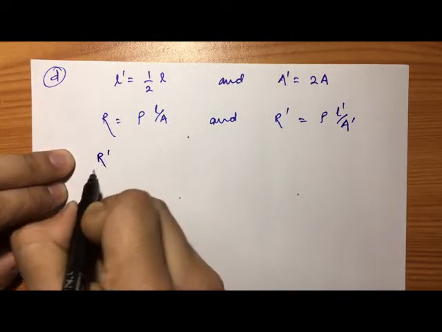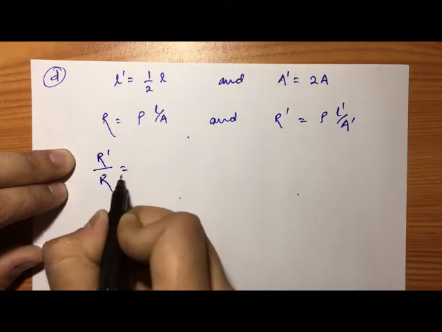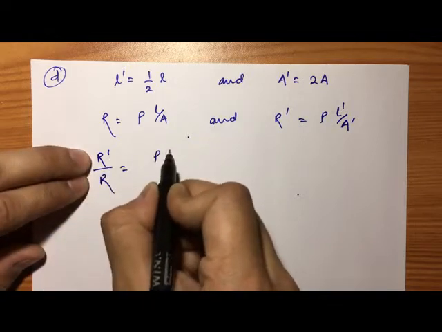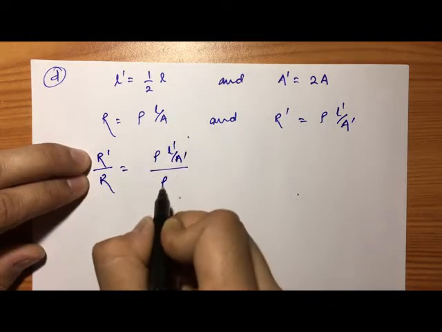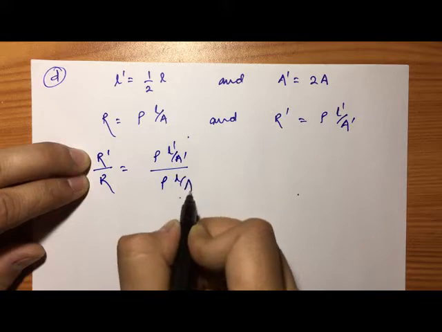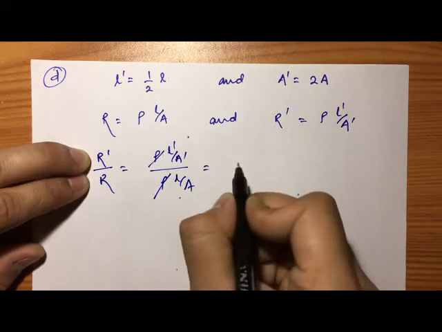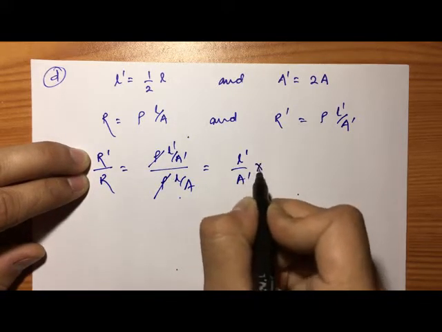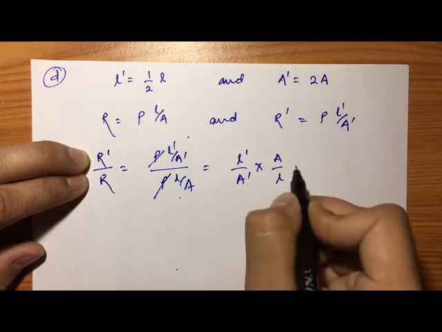Now I have to take R prime divided by R. R prime will be equal to rho L prime by A prime. R will be rho L by A, rho and rho getting cancelled. I will get L prime by A prime into A by L.